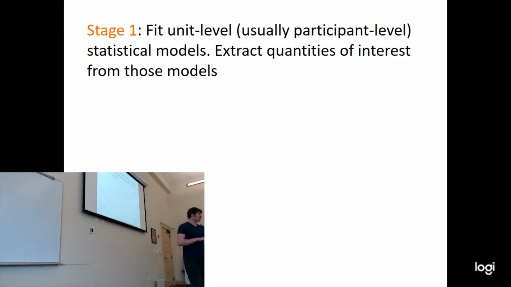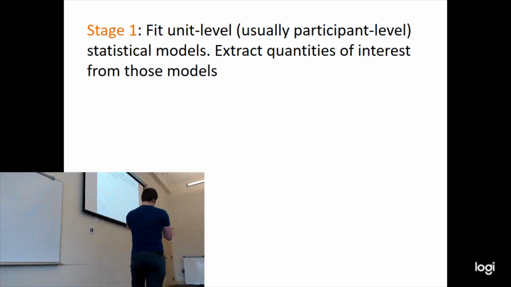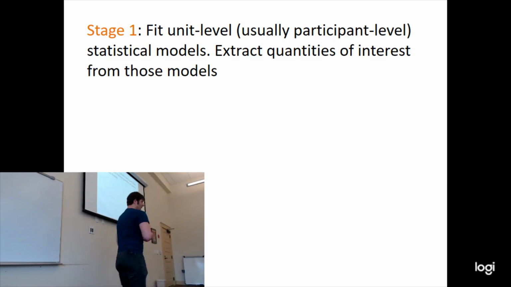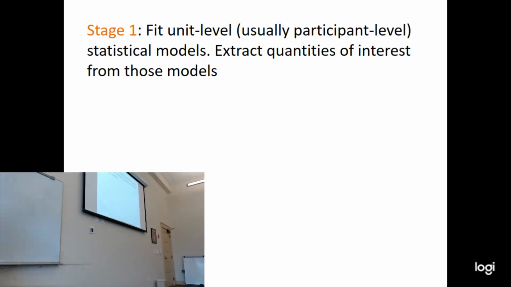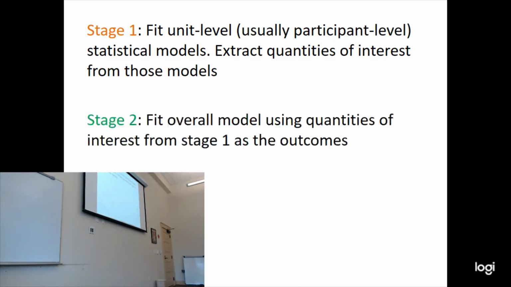You then fit these little miniature linear models on each of those subsets. And from those little miniature linear models, you'll get a bunch of intercepts and a bunch of slopes. So this first stage involves fitting these little unit level linear models, a bunch of them, and then getting some derived quantities from those little linear models.